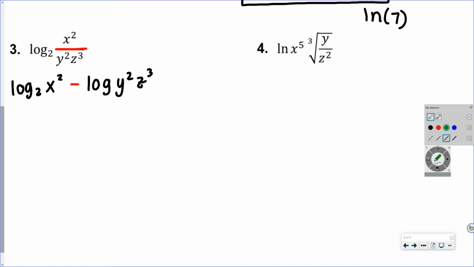If you notice you have a product here in your denominator, that's good. We have to split that up as well. So when I go to do that, because I'm subtracting this log, you need to add in parentheses. And then we can go ahead and split this up.